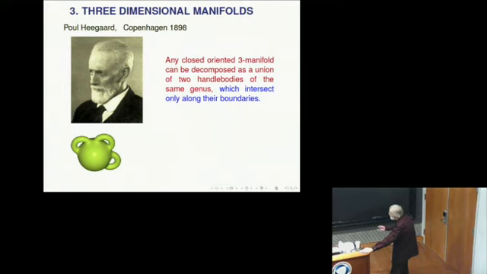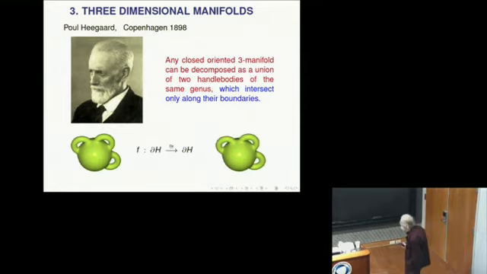So here's a picture of a handlebody. It's the same picture I showed before, but now you're supposed to think not just of a surface, but of the solid region in three-space bounded by this surface. If we take two copies of this and then glue their boundaries together by, say, a diffeomorphism, and paste them together, we'll get a three-manifold. And the theorem was that any three-manifold, any orientable three-manifold, can be obtained by this construction.